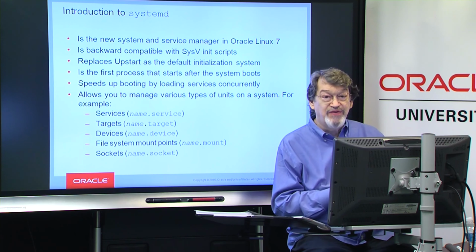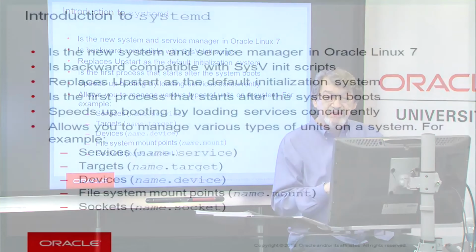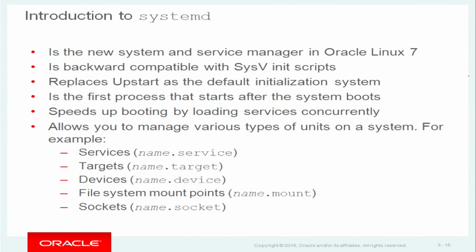And obviously the very first one, services. We've had services in 6, but they were serially started. And so I guess it was in 2010, Red Hat released in that Sandy Bridge chipset the ability to have 2 parallel threads per core.